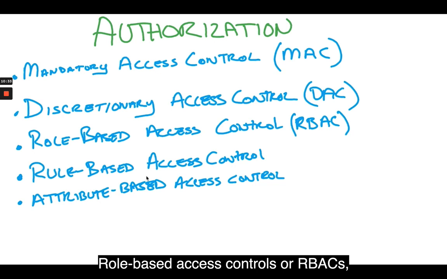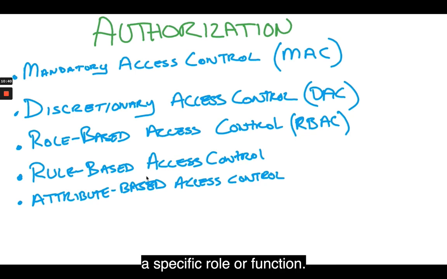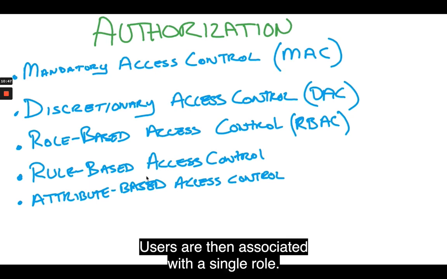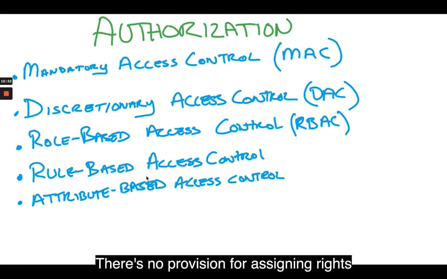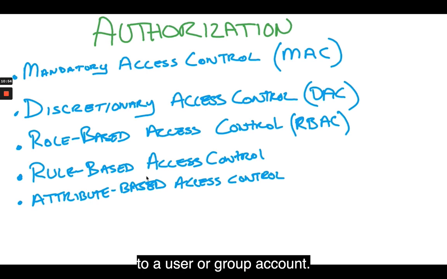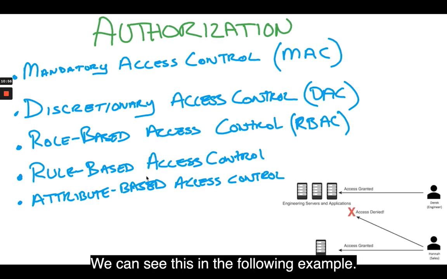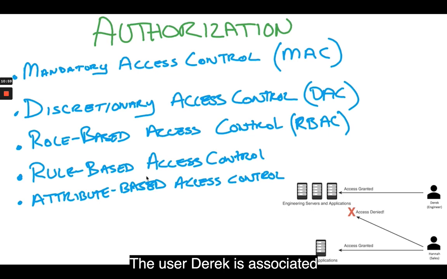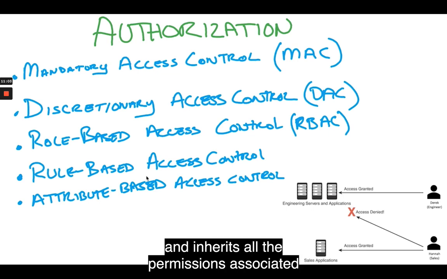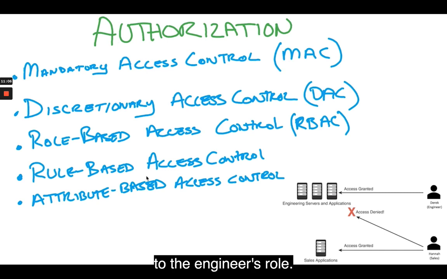Role-based access controls, or RBACs, also called non-discretionary controls, are access permissions based on a specific role or function. Administrators grant access rights and permissions to roles. Users are then associated with a single role. There is no provision for assigning rights to a user or group account. We can see this in the following example. The user Derek is associated with the role of engineer and inherits all the permissions associated to the engineer's role.